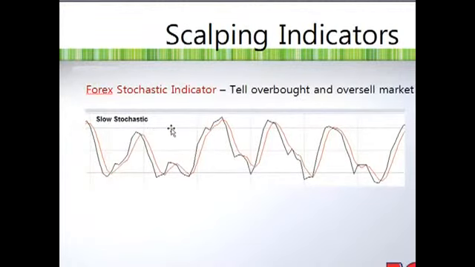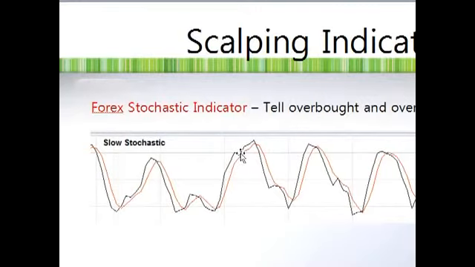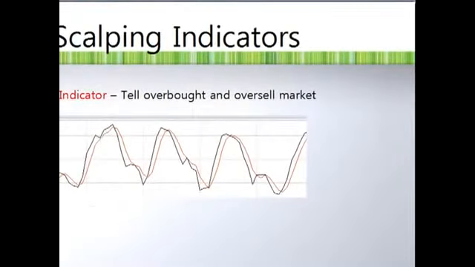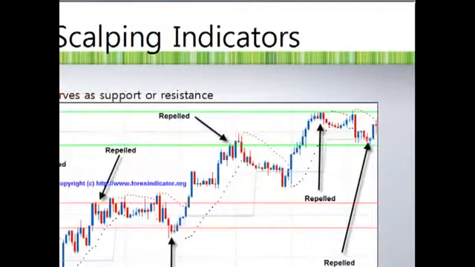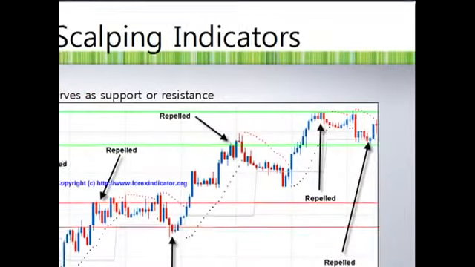This stochastic indicator can be used as a good scalping tool together with the parabolic SAR that we talked about just now. However, to have a good trading strategy, you need the help of support and resistance, which is the next indicator we are talking about, the pivot points.